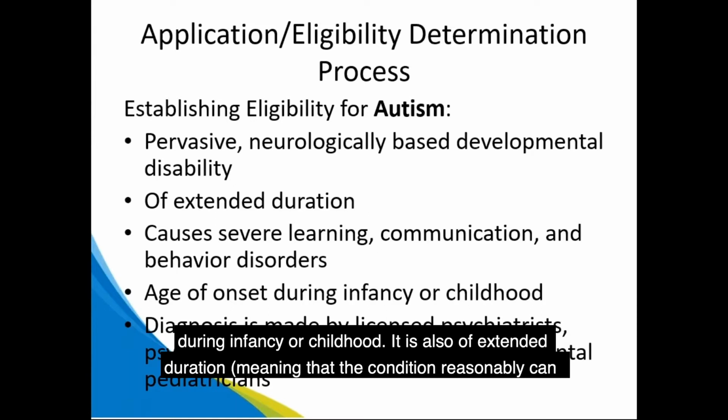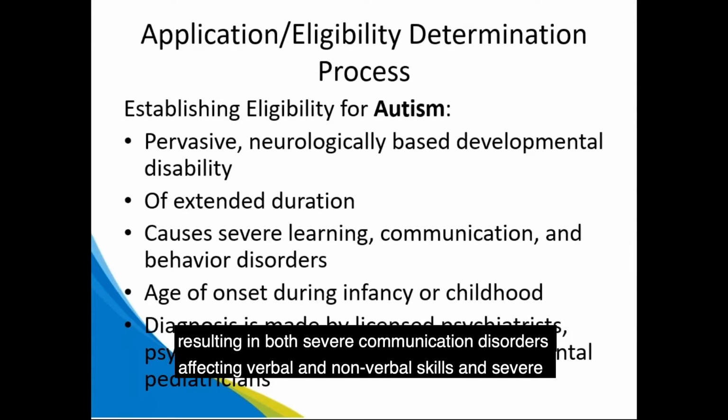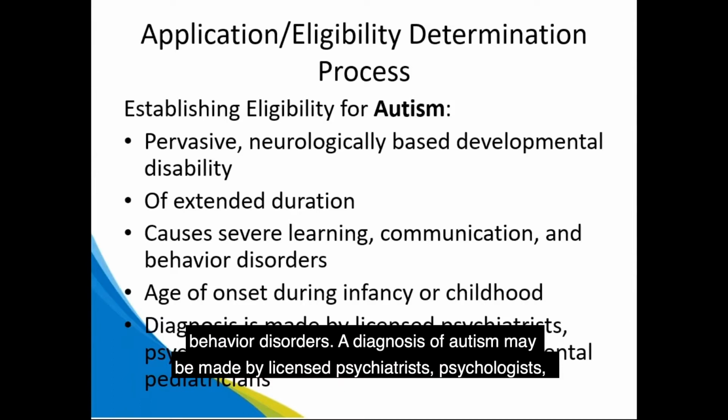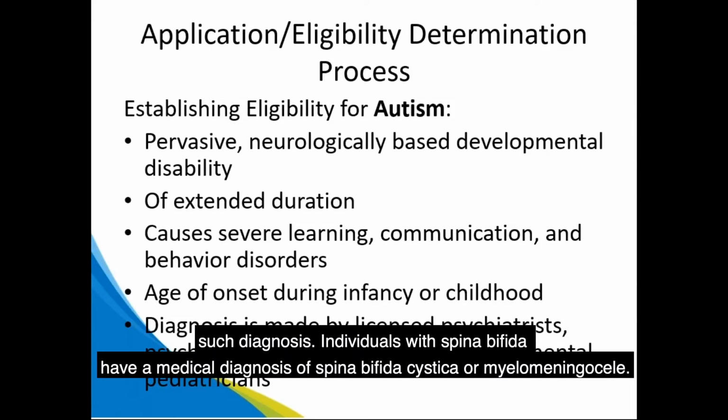It is also of extended duration, meaning that the condition reasonably can be expected to continue indefinitely into the future, causes severe learning disorders resulting in both severe communication disorders affecting verbal and nonverbal skills and severe behavior disorders. A diagnosis of autism may be made by licensed psychiatrists, psychologists, neurologists, or developmental pediatricians who have specific training and experience in making such diagnosis.